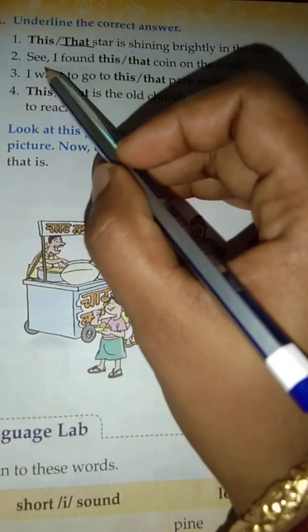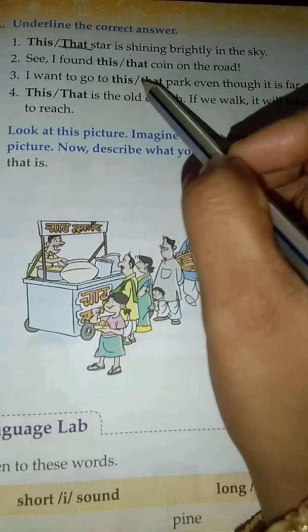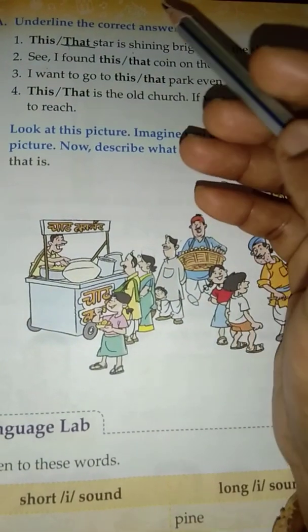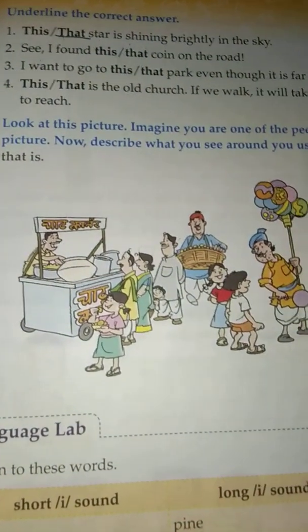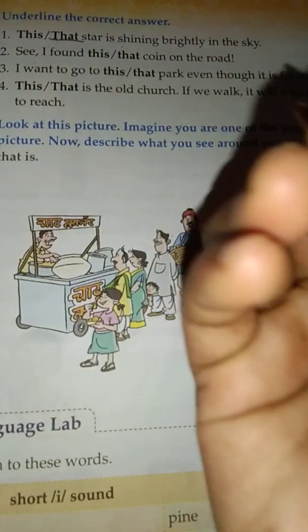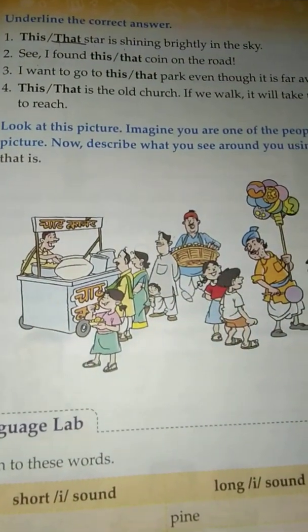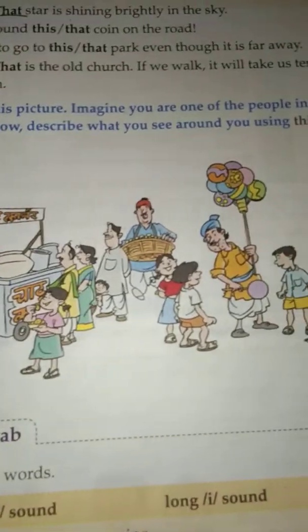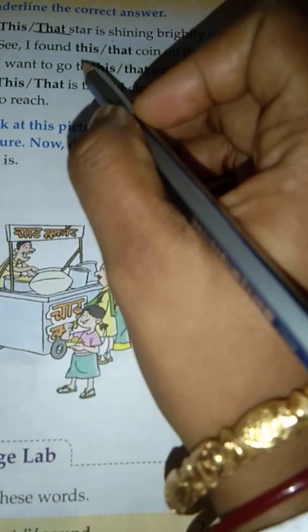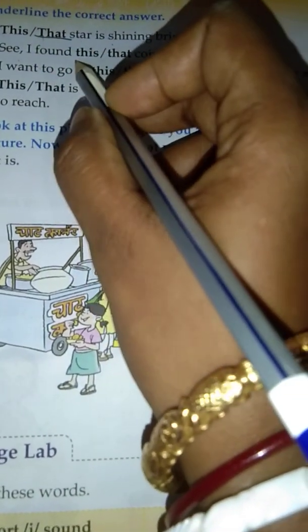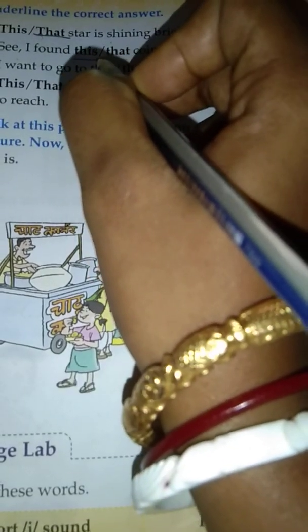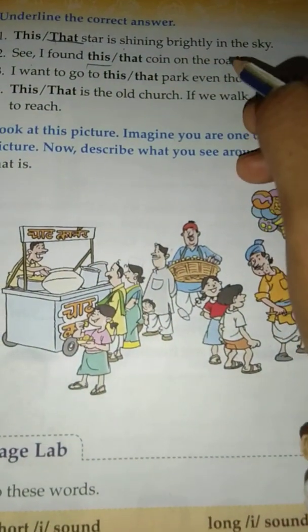Next, you see: I found this or that coin on the road. Someone is showing it, so it is with him or her, in his or her hand. So, I have found this coin on the road.